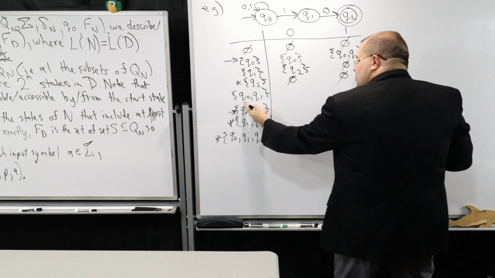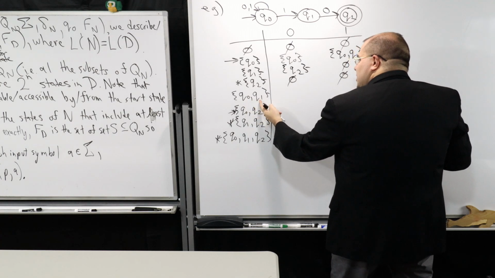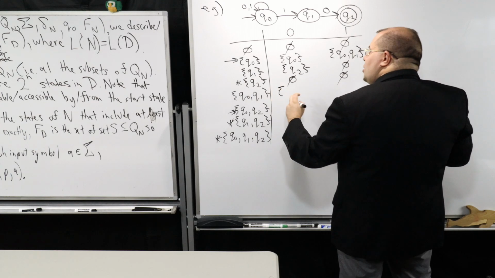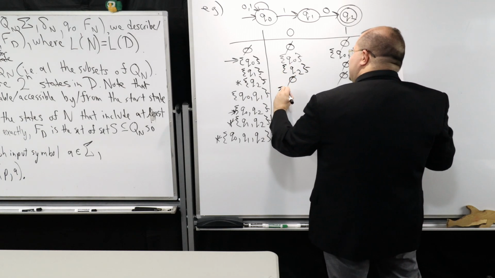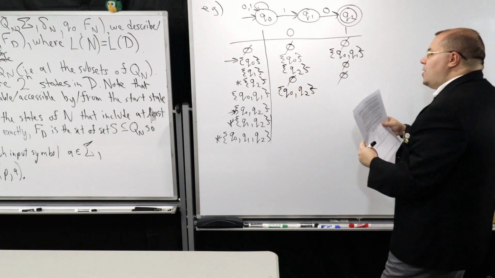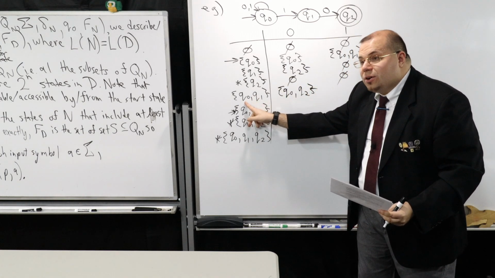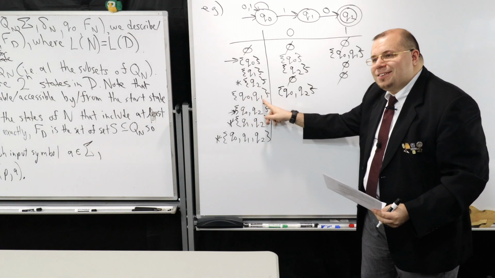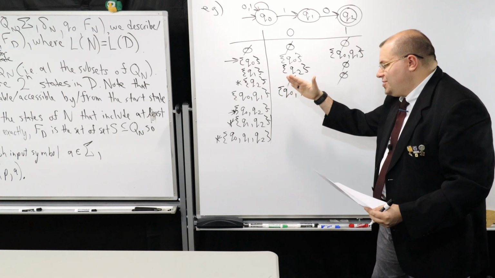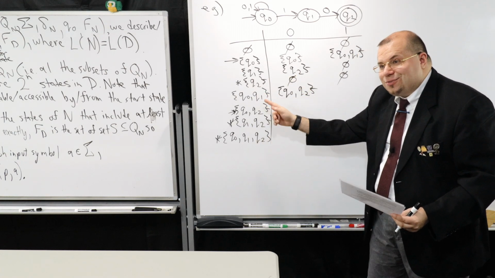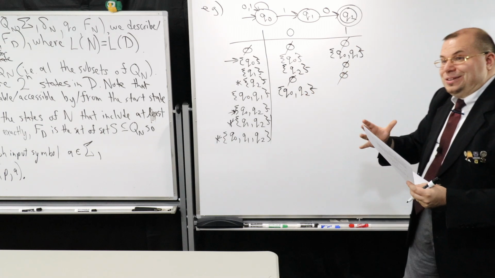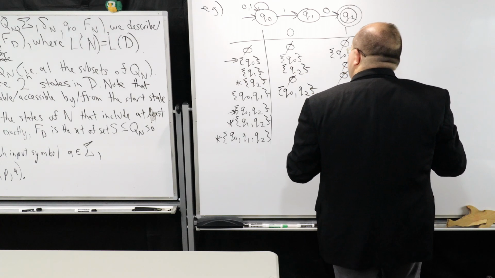So I take those, union them together, and end up with Q0, Q2. All I do is look at what this transitions to on 0, look at what this does when it transitions on 0, and take the union of all their results. This applies no matter how many states you have. You just look at each one, do the transition, and lump all the states that could result into one set, and that's the label you give for that transition.